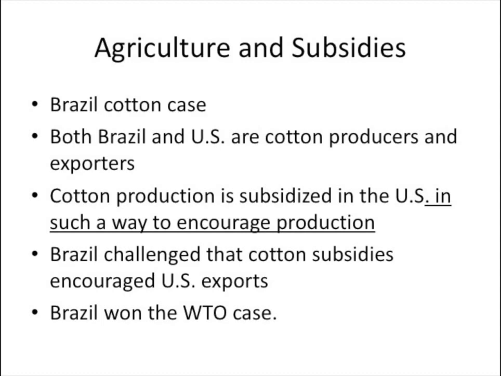It was technically through the loan rate. Brazil challenged this case on subsidies and it won. As a result of that, the U.S. did change the cotton subsidy program that is contained in the Farm Bill. But again, subsidies can act as barriers to trade.